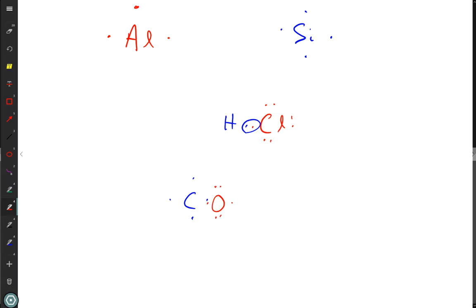And here, because carbon and oxygen have similar electronegativities, they're just going to share those 2 electrons. And so the carbon says, got a pair here. The oxygen says, got a pair here. The oxygen still has 1 more that it wants to bond. The carbon has 3 more it wants to bond.